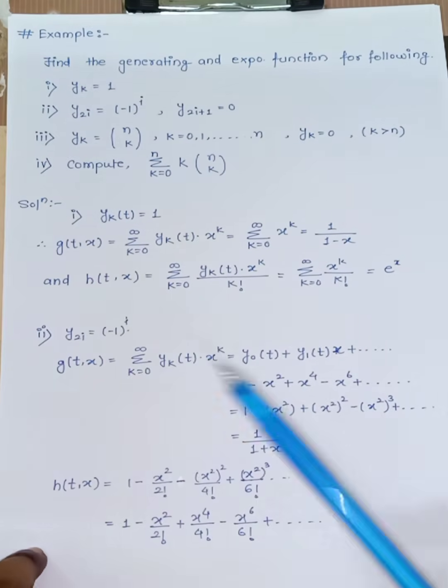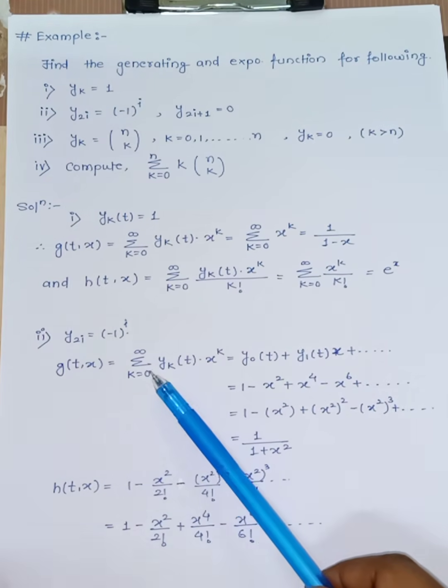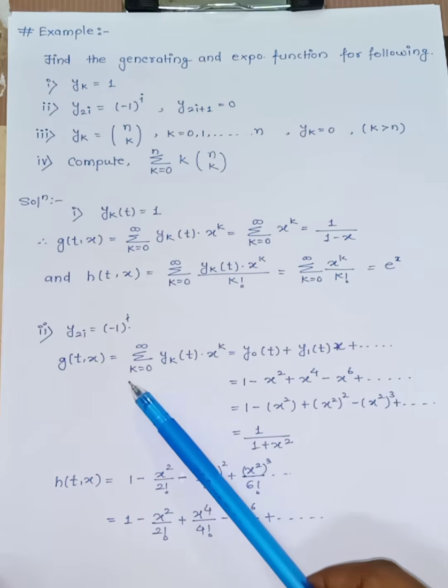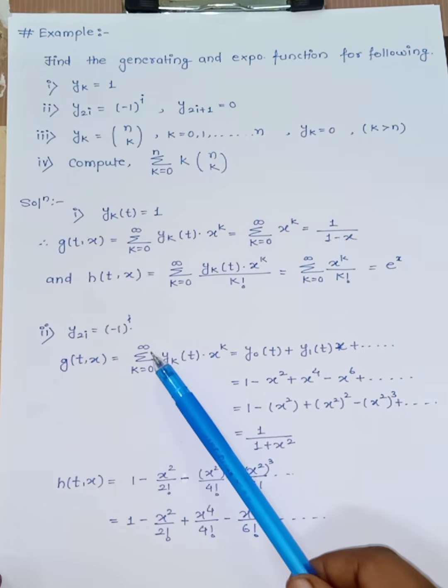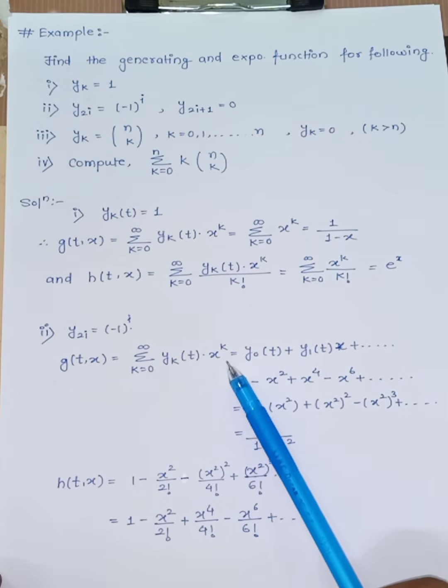Okay, so for that g t x will be equals to summation, this is our formula, summation from k equals to 0 to infinity yk t into x to the power k.